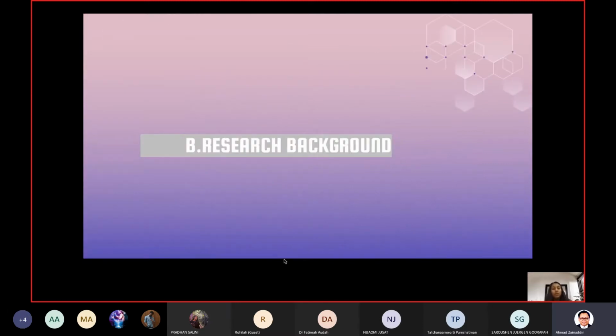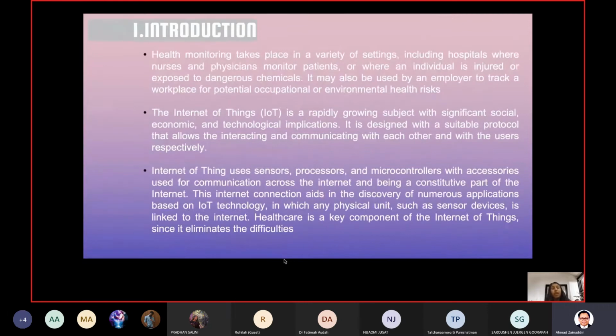Moving forward, in the research background, my introduction says that a health monitoring device is very useful in today's world, where we can track different varieties of diseases and be aware of them. In this project, I'll be discussing heart rate, pulse rate, and heart sounds. Then I have a Pi camera which shows the status of the patient.